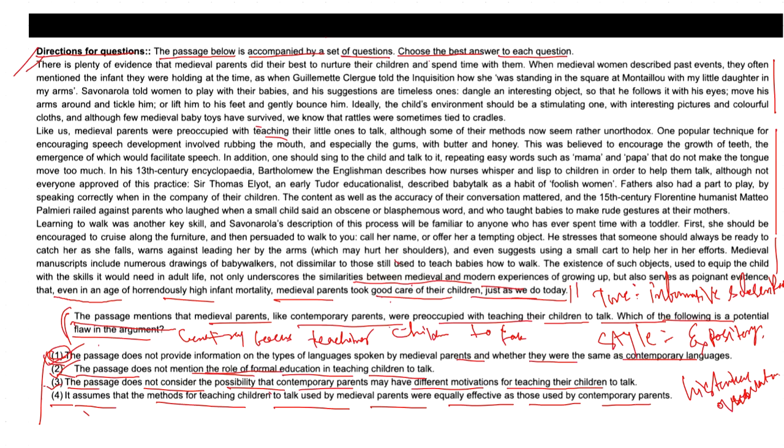Right. Now, if I look into option four, option four stated it assumes that the methods for teaching children to talk used by medieval parents were equally effective as those used by contemporary parents. Now, the argument does assume that the methods used by medieval parents for teaching children to talk were equally effective as those used by contemporary parents.